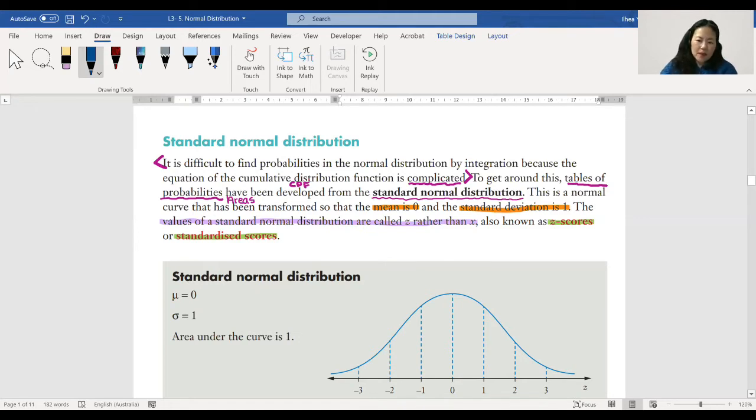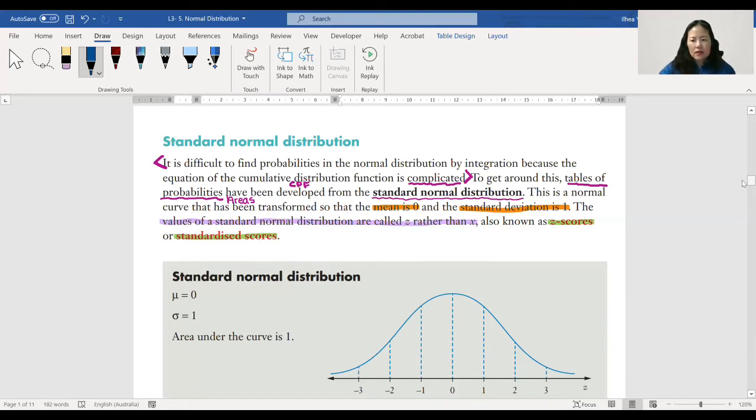Now, the values of a standard normal distribution are called z rather than x, because x has other meanings. We created this new system and don't want to call it by the same old name, so we come up with the letter z. That's why they are called z-scores or standardized scores.